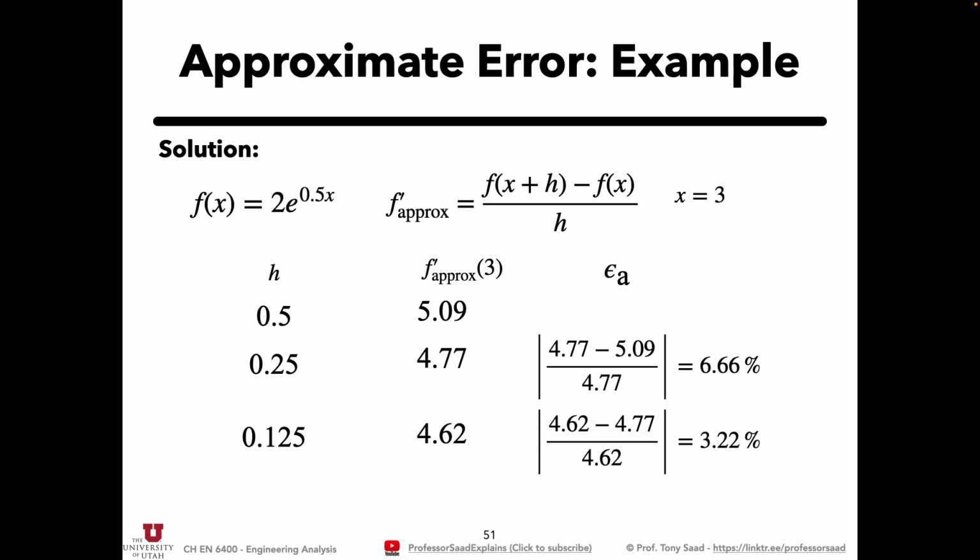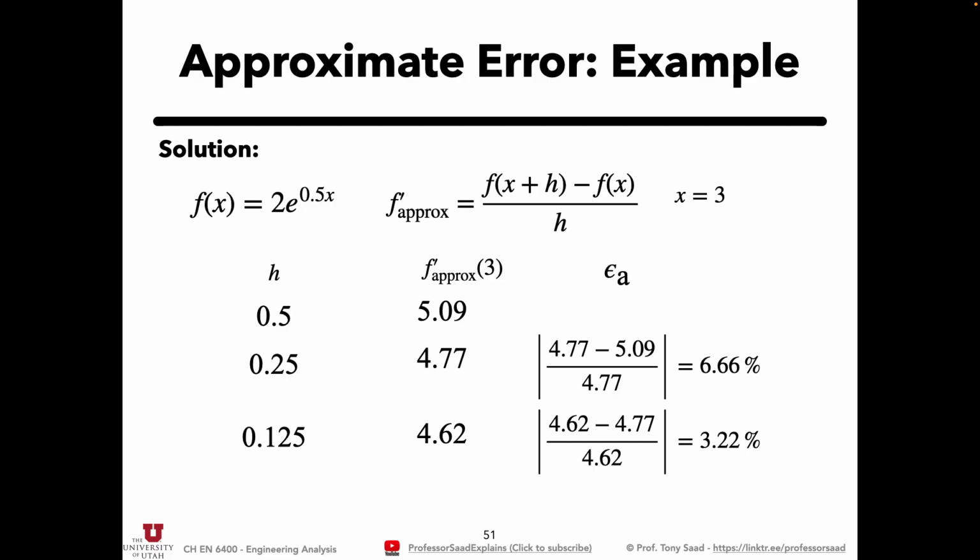That's how much distance you go on the x-axis to see the change in the y-axis. And as you shrink that, we know from math theory that you get better approximations. So we compare the value with the larger h to a value with the smaller h, calling the value of the smaller h the truth.